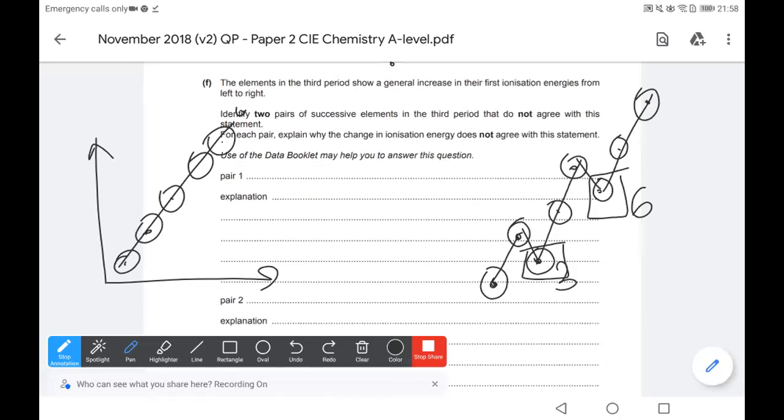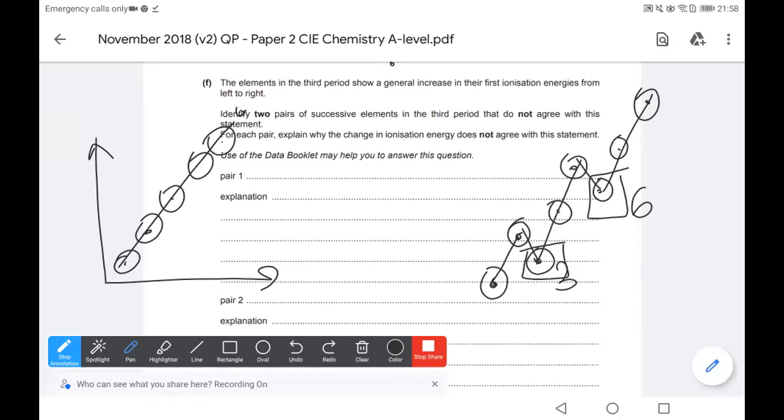Again in fifth and sixth, the fifth group element has s2p3. The p orbitals are half filled, which is a stable electronic configuration. But the sixth group means s2p4, which is much less stable.